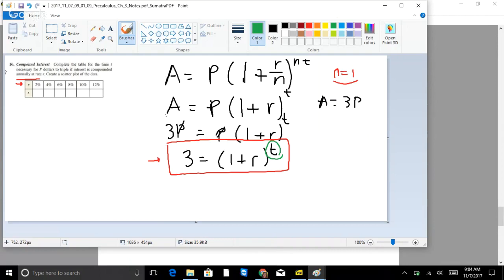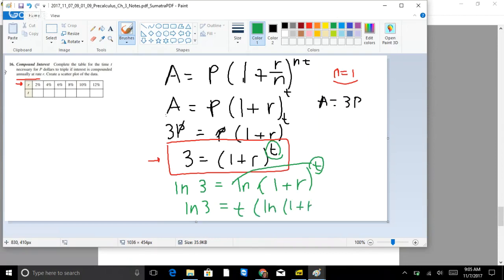You can pick any function, but let's do the natural log. Let's take the natural log of 3 and then the natural log of 1 plus r to the t power. And this makes me happy because my t goes down to the front, right? So this becomes the natural log of 3 equals t times the natural log of 1 plus r.